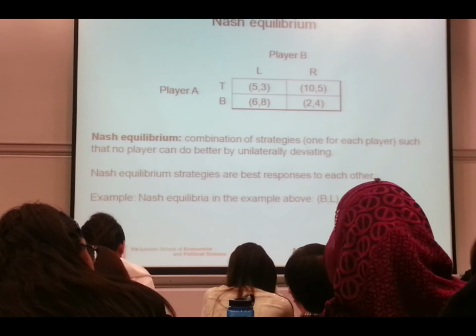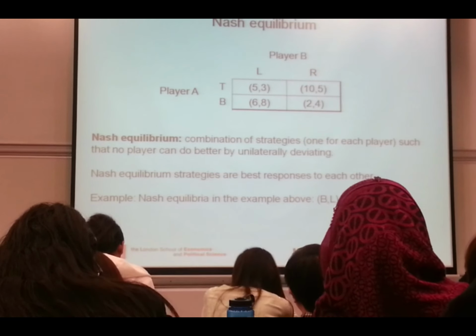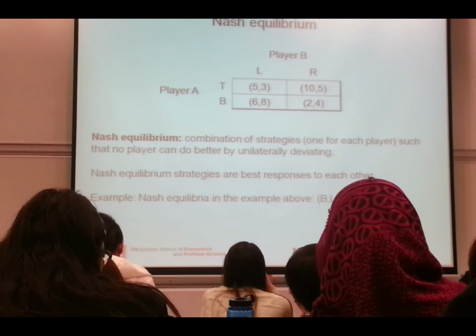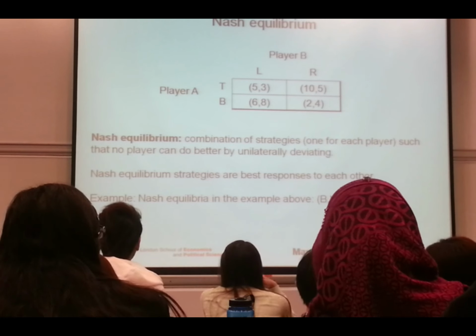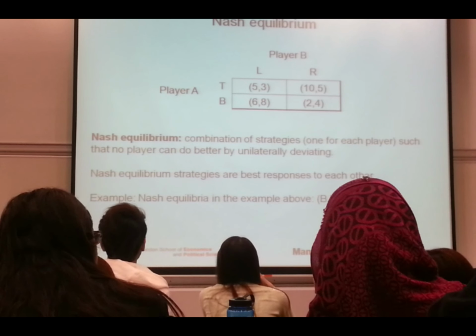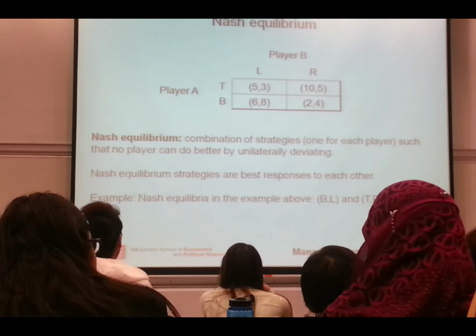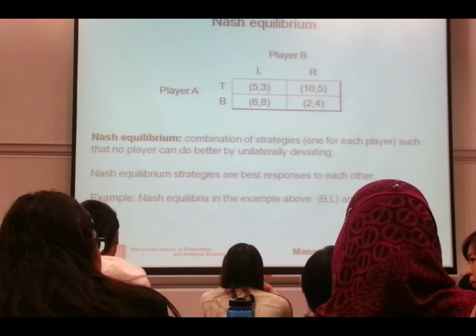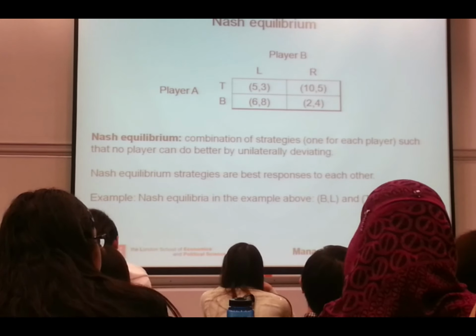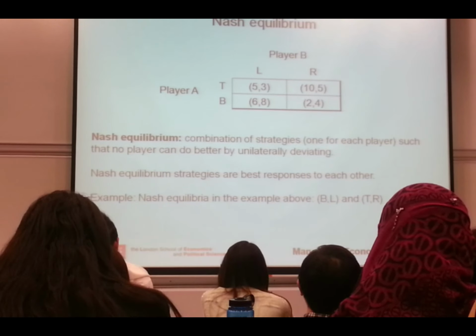So in the example above, we have two Nash equilibria. We have bottom left and top right. So let's just see if that's actually the case. If player A chooses bottom, then player B can choose between left, which gives him a payout of 8, or right, which gives him a payout of 4.